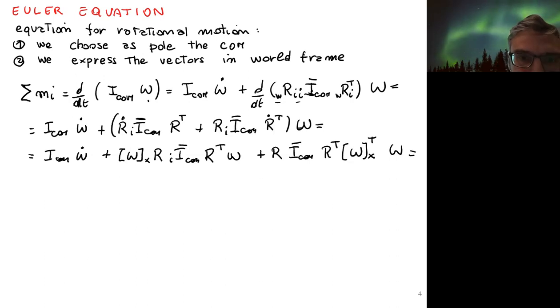So we just split this sum and distribute the multiplication on omega.